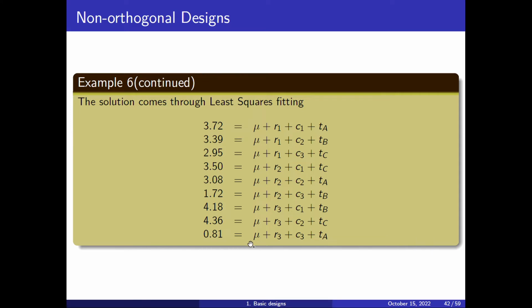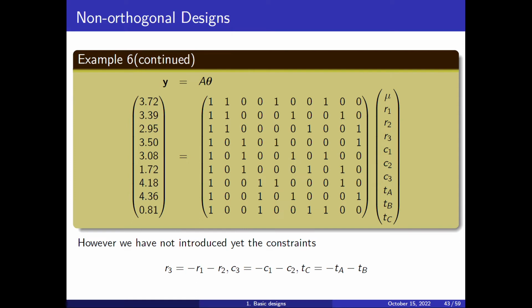So now you have an equation system, and you may remember your algebra classes, so you can write this in a matrix form. So you have 9 measurements, so you have 9 equations, and let's see how many unknowns we have. So we have 1, that is the overall mean, we have 3 rows, 3 columns and 3 treatments, so you have 10 unknowns, and this is the system matrix.